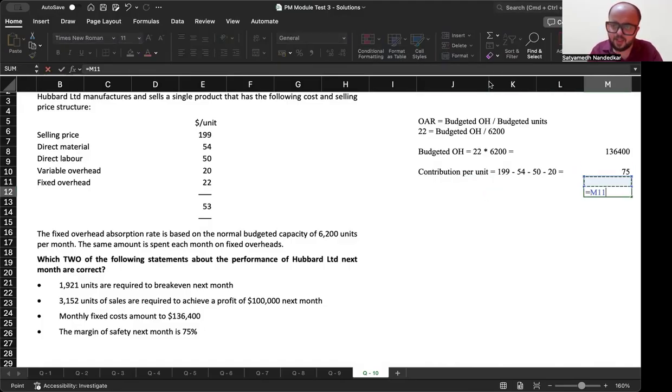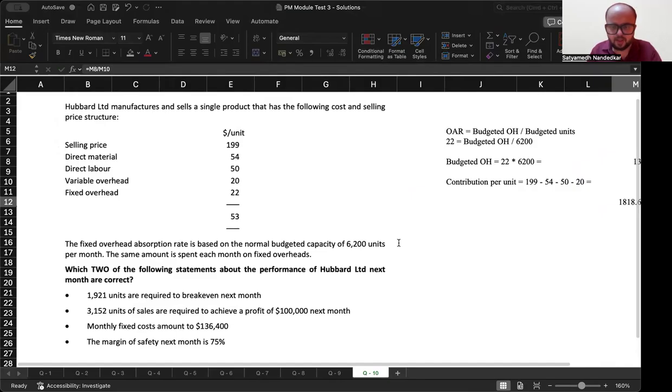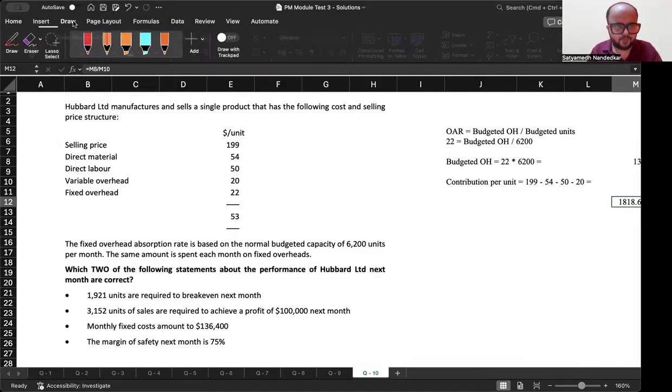Now, if I need my BEP in units, 1,36,400 upon 75, 1818. Now, what do you think about this? Naturally, the first statement is not correct.